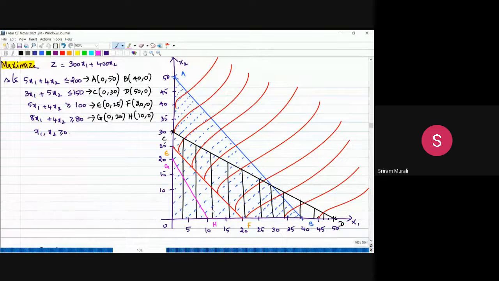Now where is the shading? It also doesn't satisfy the origin test. It is not greater than 80. Therefore the shading will go away from the line.